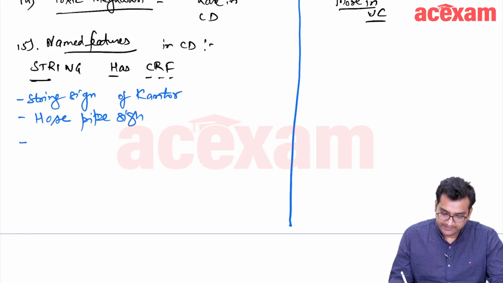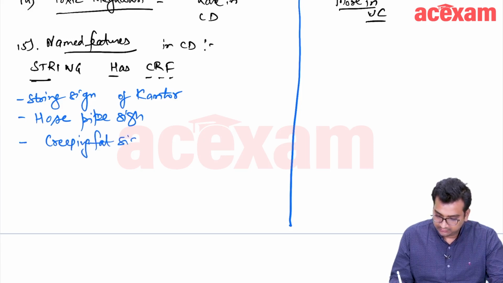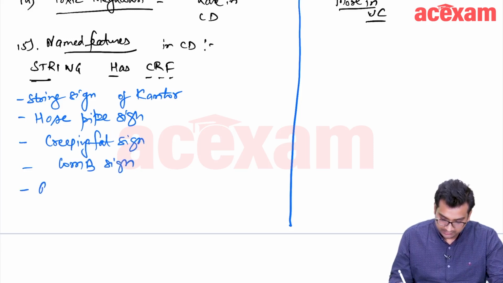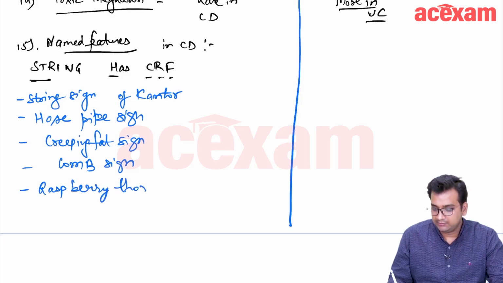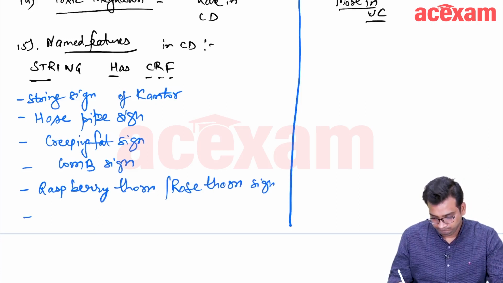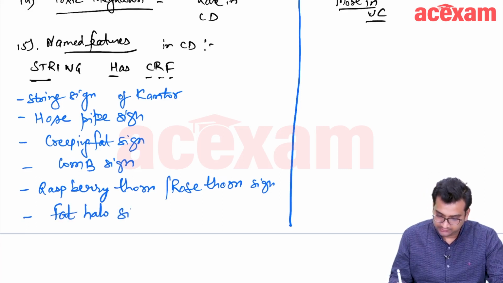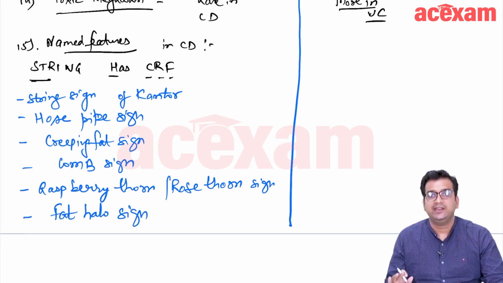Then C stands for creeping fat sign. Then there is comb sign. R stands for raspberry thorn or rose thorn sign. And F stands for fat halo sign. This can be easily remembered with the mnemonic string has CRF.